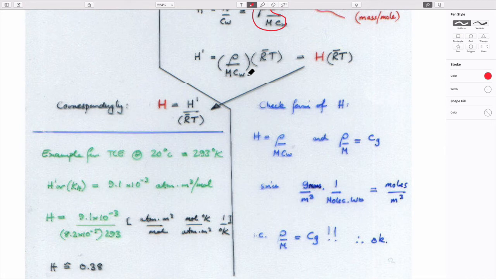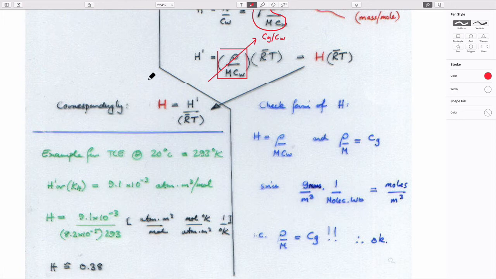And so the important thing about this is that this is a concentration, if you like, of the gas and a concentration of the water. And so by definition, this term here, if we choose appropriate units for it, I guess I could just draw on this. This is concentration, by definition, Cg over Cw.